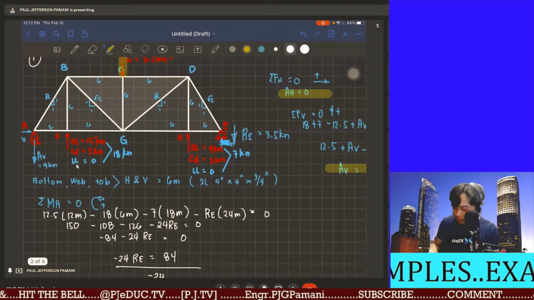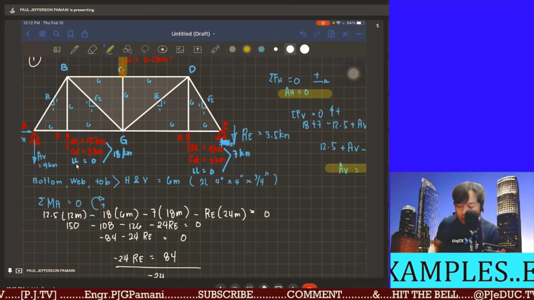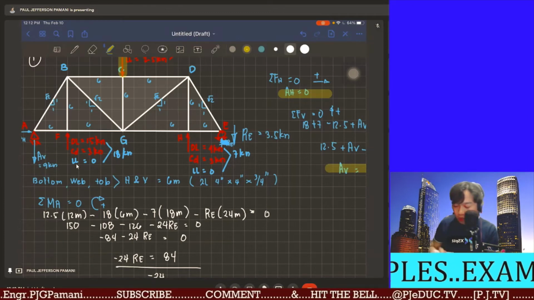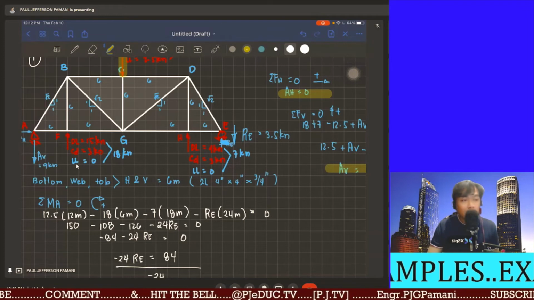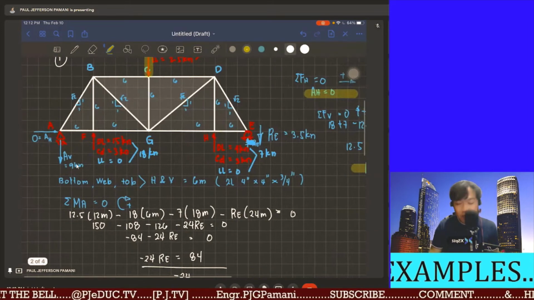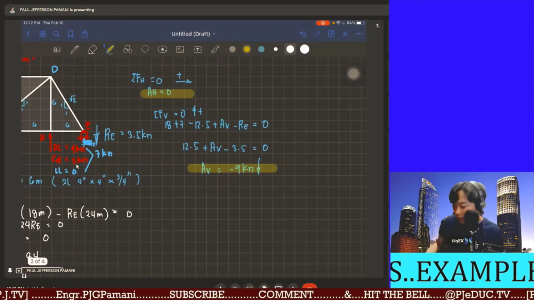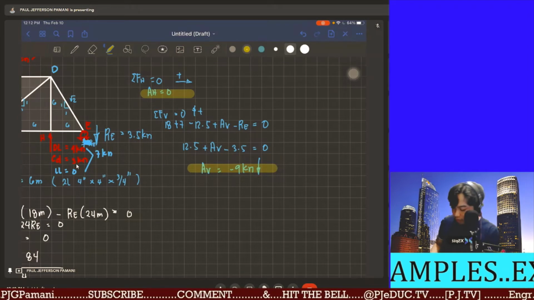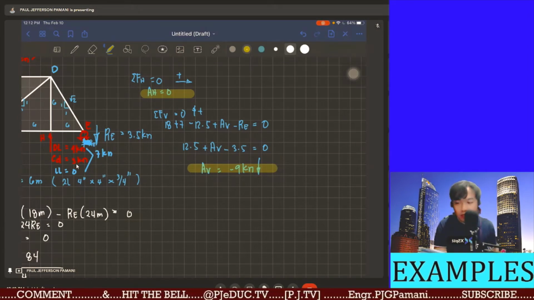Investigate. 9 plus 3.5 plus 10, which is 22.5. More or less, it should then resist the uplift force caused by the dead load found at joint F and joint H. Di naman necessarily na dapat equal sila, no? Plus 12.5. Ay, 25. Parehas pala, oh.